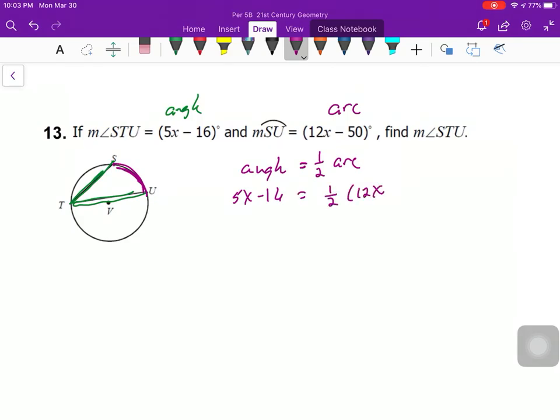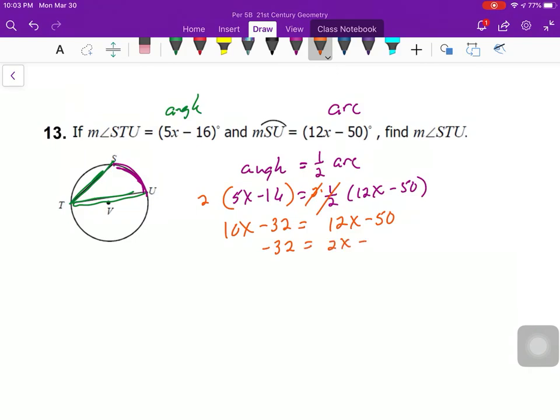So the angle is going to be 5x minus 16. It's going to be equal to half of 12x minus 50. Again, when you have this situation with the x in the parentheses, I would suggest you multiply by 2. 10x minus 32 equals 12x minus 50.